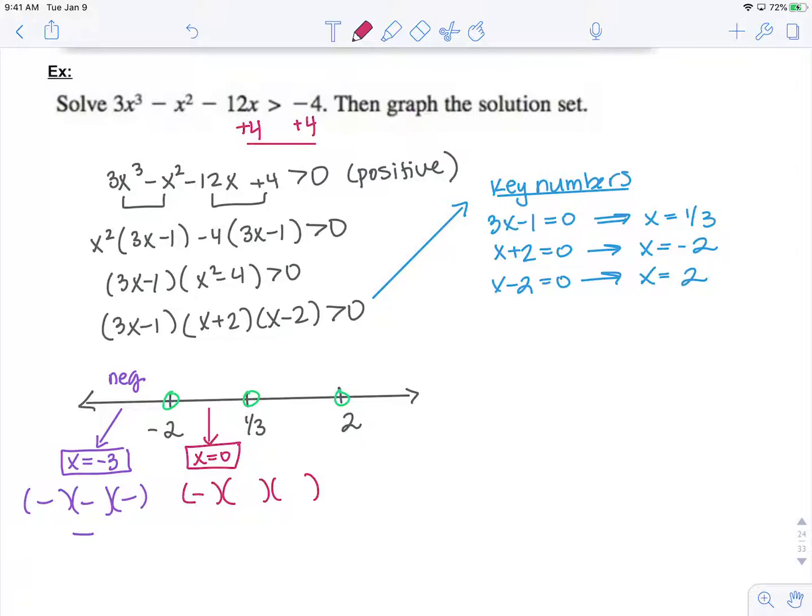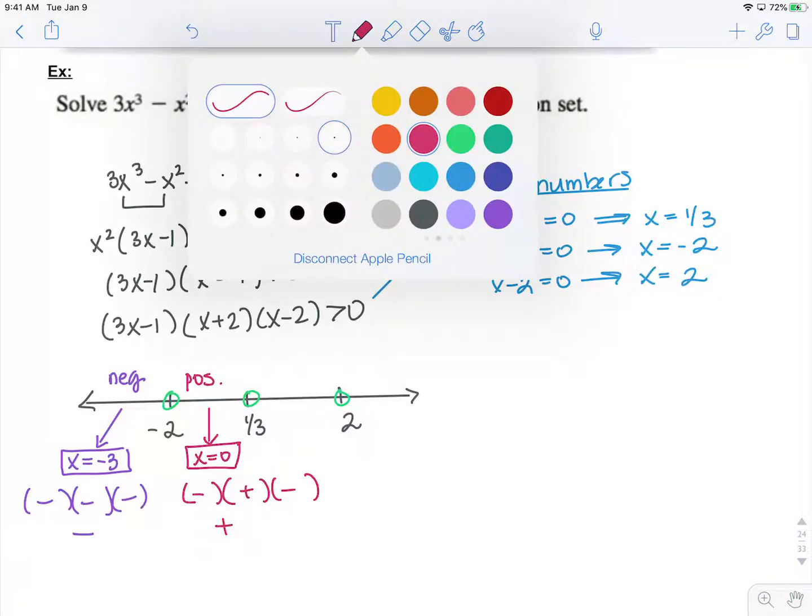If I plug 0 into the second factor, I get 0 plus 2, which is a positive. If I plug 0 into the third factor, I get 0 minus 2, which is negative. A negative times a positive times a negative is a positive. So we know our polynomial is positive in that interval.